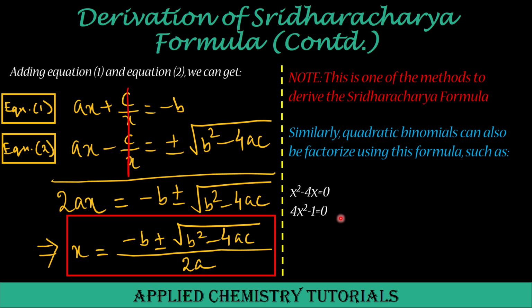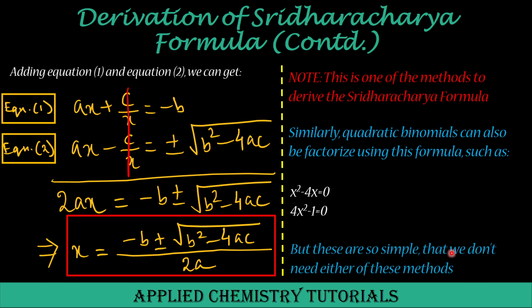And another example, 4x² - 1 = 0, here we can see that b should be equal to 0, and we can use the same formula to factorize both x² - 4x and 4x² - 1 respectively. But these are so simple that we don't need either this Sridharacharya formula to find out the factorized form, or we don't need to factorize it splitting the middle term.